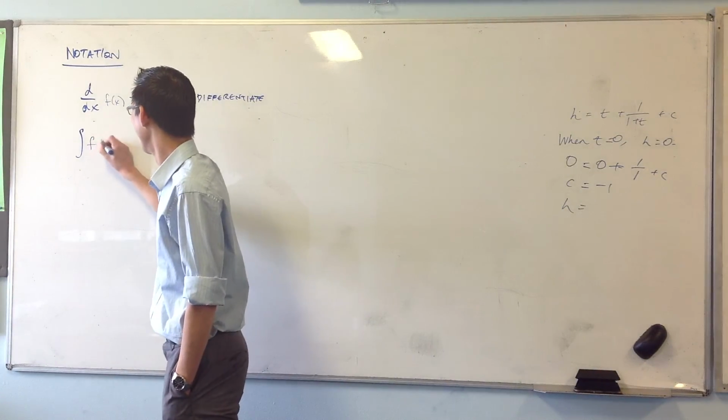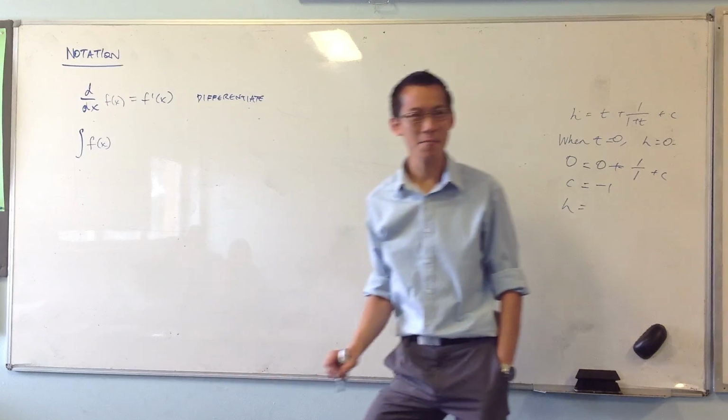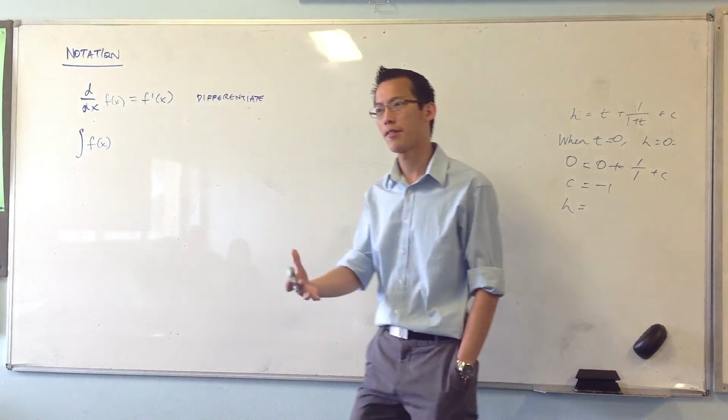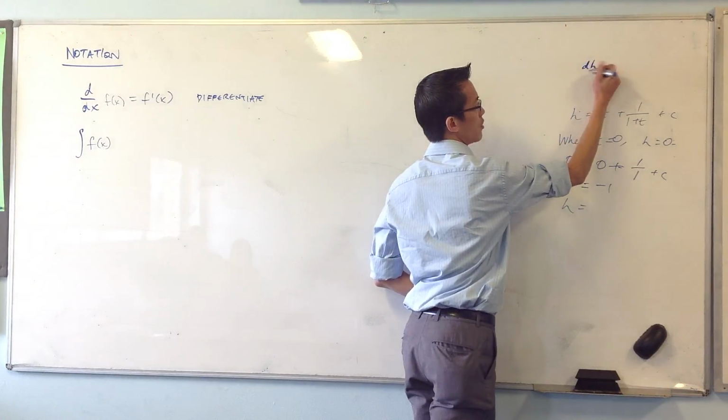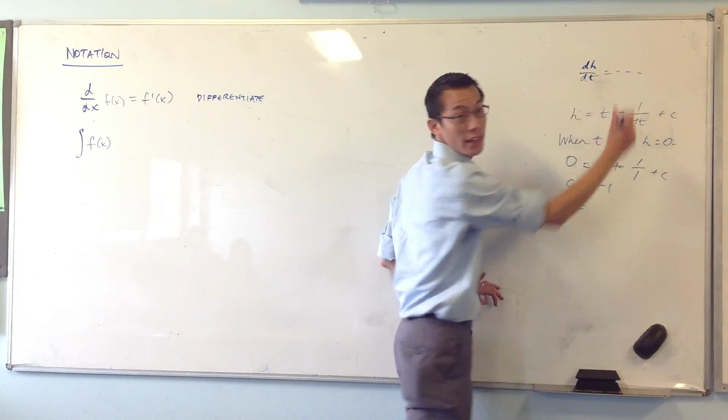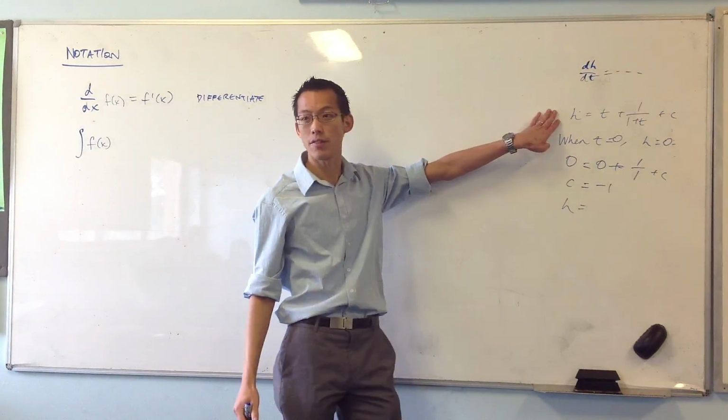Then you stick your function in there. Now this is important. A lot of the functions we've been looking at, for instance this one, started with dh on dt equals something, and then you got an expression for h.